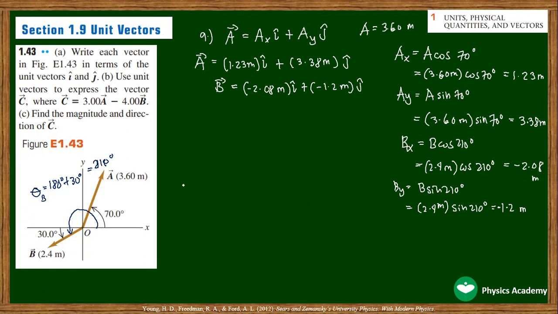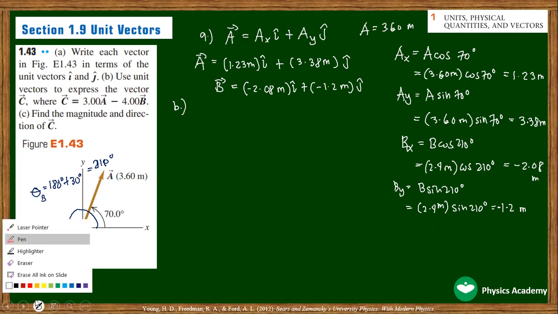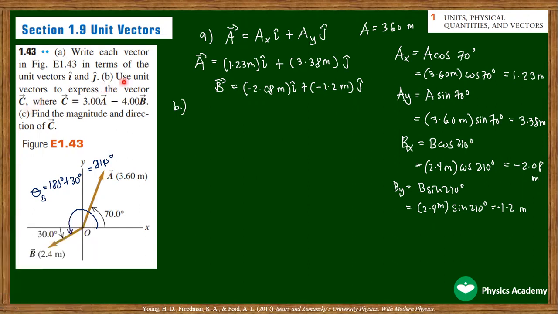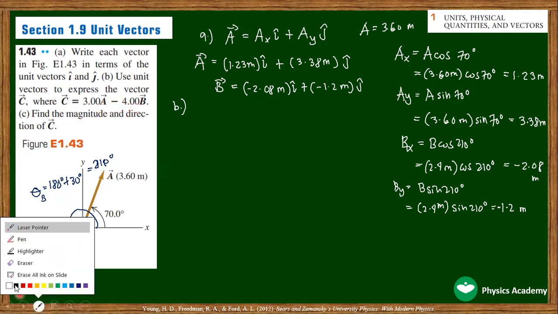If you want to answer letter B, use the unit vectors to express the vector C, where C is 3 times vector A minus 4 times vector B. Okay, let's answer this problem.